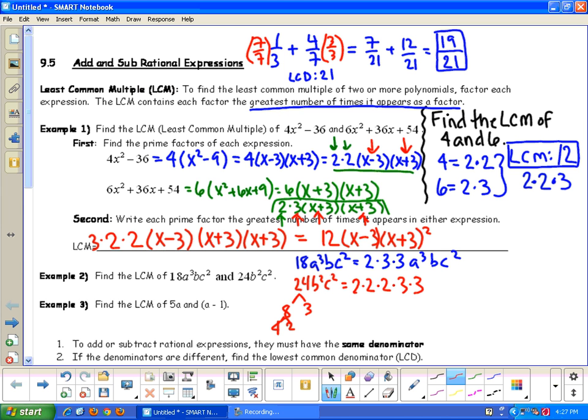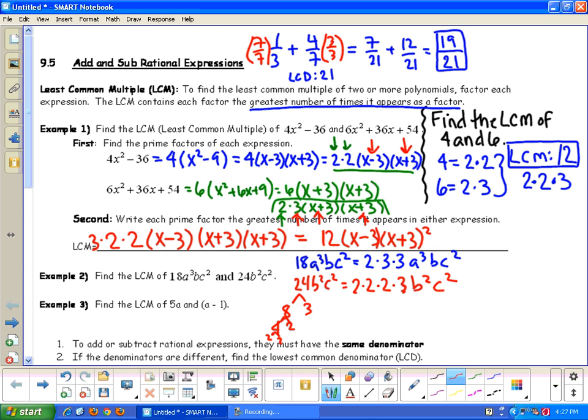And the 4 breaks down as well into 2 times 2. So that's where I get 2 times 2 times 2 times 3 would be my prime factorization. And then I have b squared c squared.